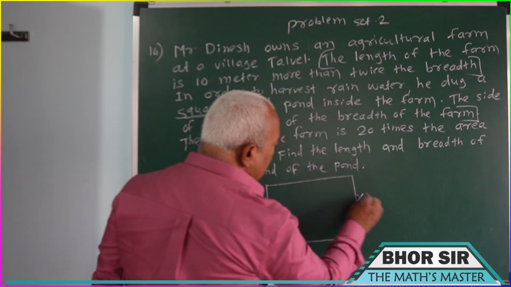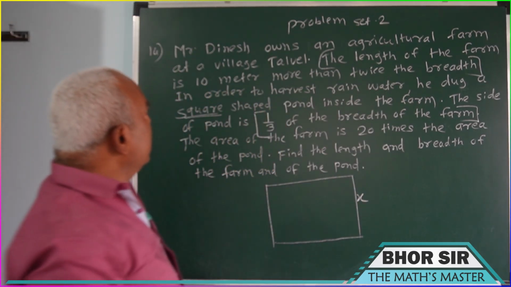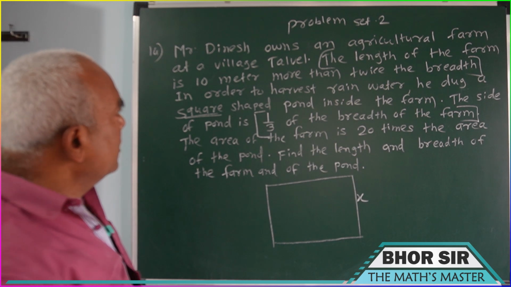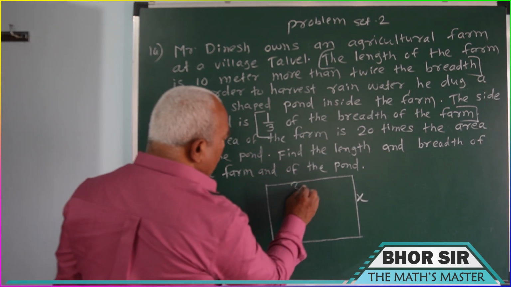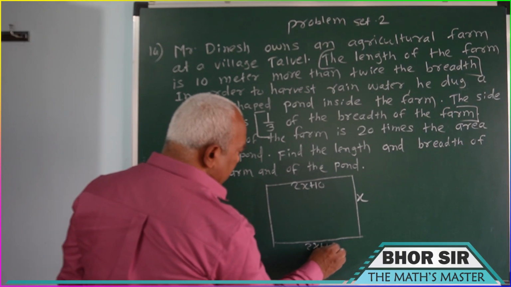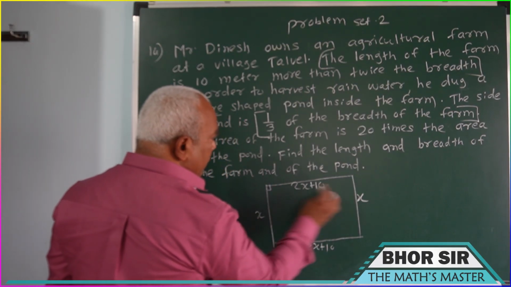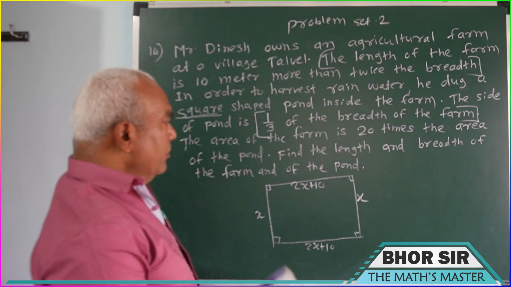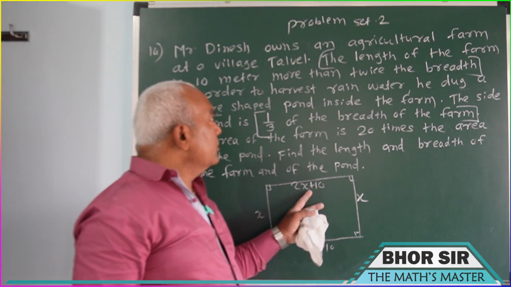Suppose the breadth is x, then the length will be 2x plus 10. Breadth will be x and length will be 2x plus 10.